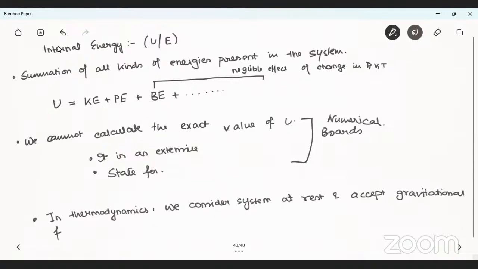All others are considered to be negligible, or absent. These are the different properties to use while solving questions on internal energy.